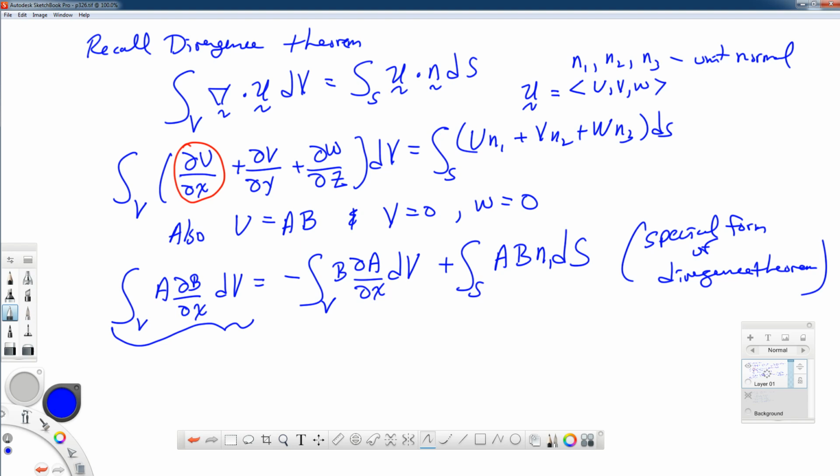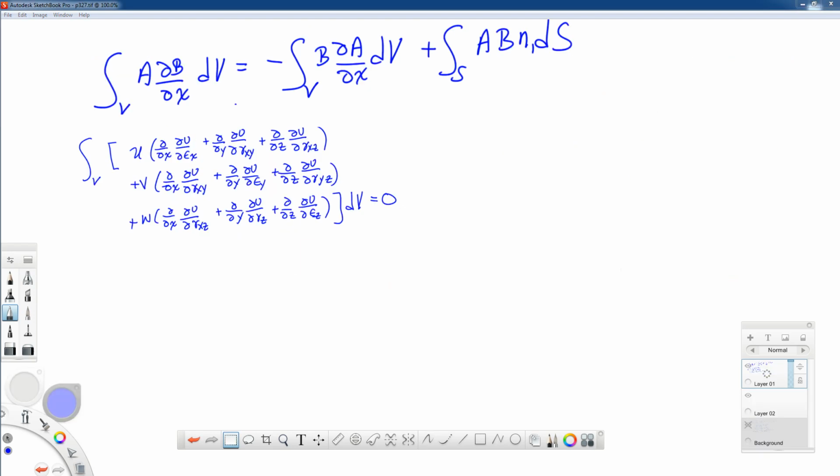Let's make a little bit of room. Alright, so in here, we're only going to look at one of the terms for right now. The A term is the U term, and the B term is the partial of the strain energy potential function U with respect to epsilon x.